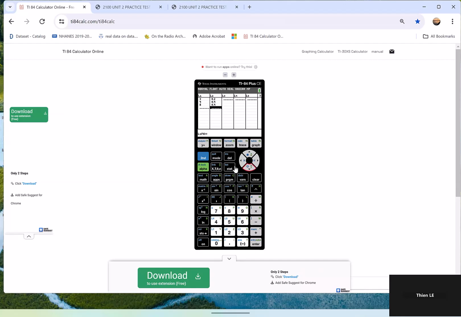After you put the lists in, you go to stat, calculate, one-variable stats, with L1 as the list and L2 as the frequency. So this is your standard deviation, 2.1541.